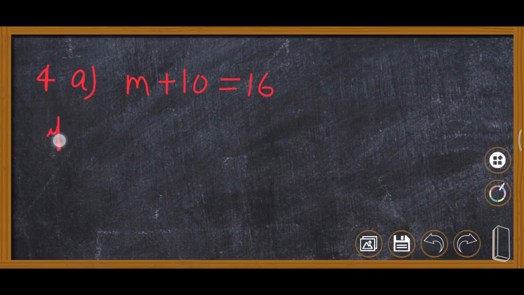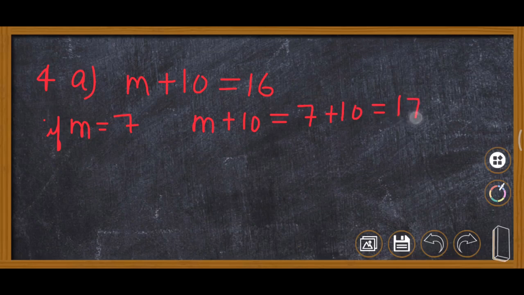If m is equal to 7, then m plus 10 will be 7 plus 10, which is 17.